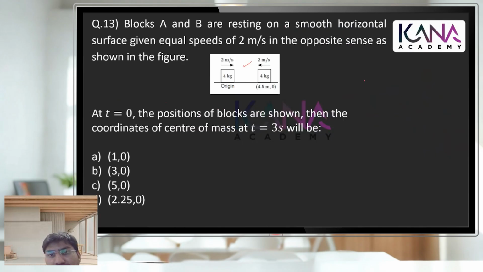Okay, since m1 and m2 are equal, and the velocities are opposite, V1 is negative times V2. So this implies the center of mass velocity is 0, which means the center of mass position is fixed.